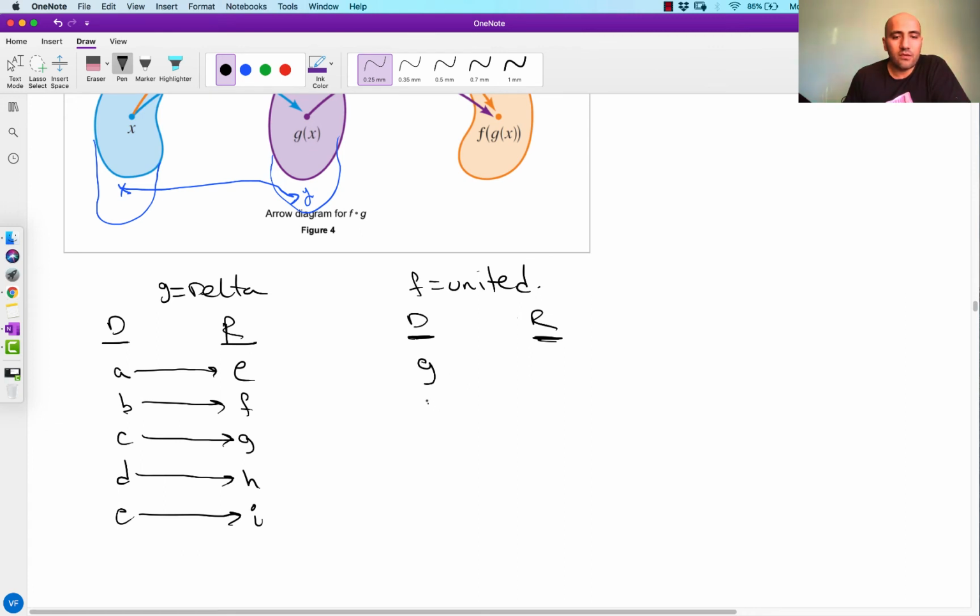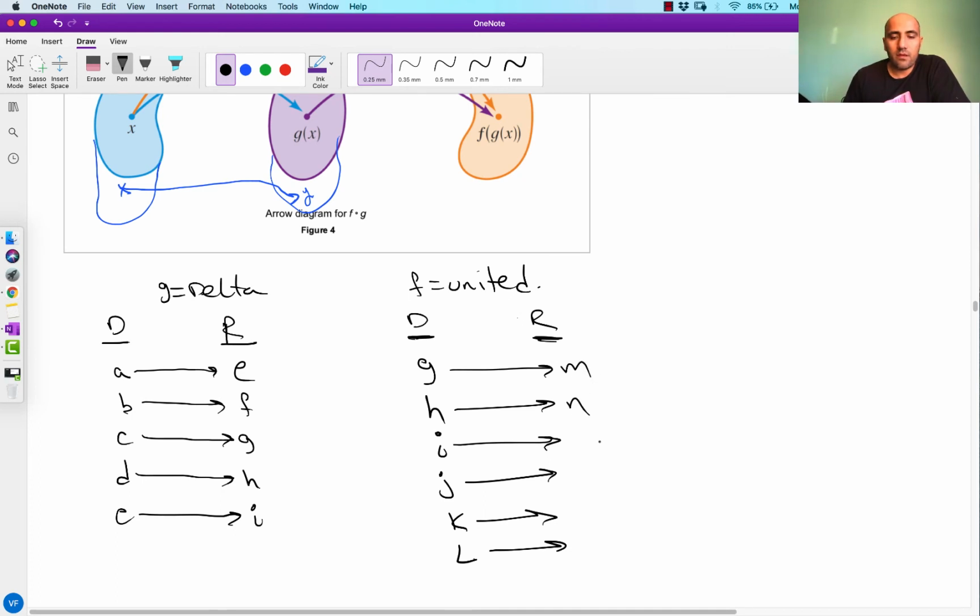Maybe they have G, H, I, J, K, L, and they lead to M, N, P, Q, R, S. There we go. Okay, so notice that we have a couple of issues if we're setting this up.